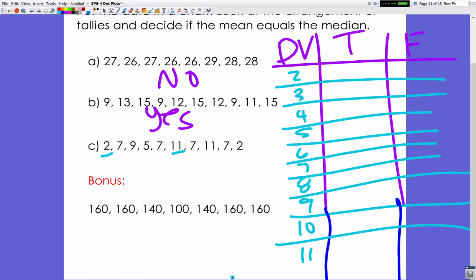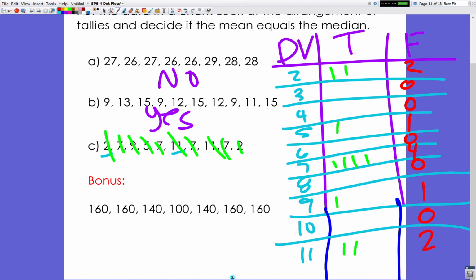Now we can do frequencies. We've got 2, 7, 9, 5, 7, 11, 7, 11, 7, 2. And we can do our frequencies. 2, 0, 0, 1, 0, 4, 0, 1, 0, 2.